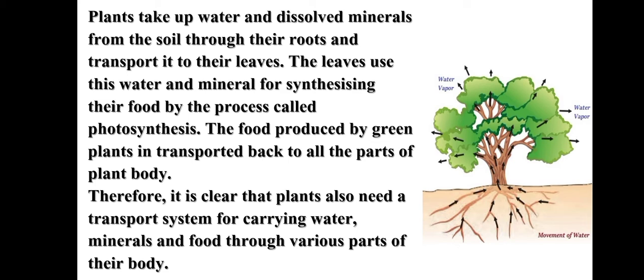Again, the food which is produced by the green leaves is transported back to all the parts of the plant body like roots, stem, flower, fruits, etc. Therefore, it is clear that plants also need a transport system for carrying water, minerals, and food through various parts of their body.